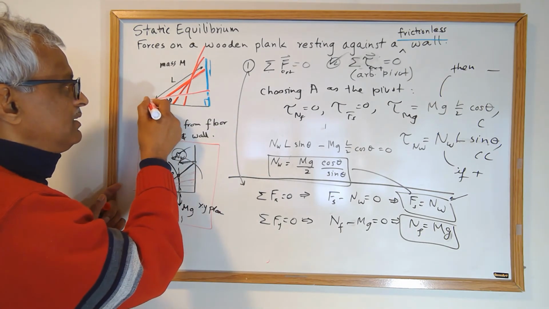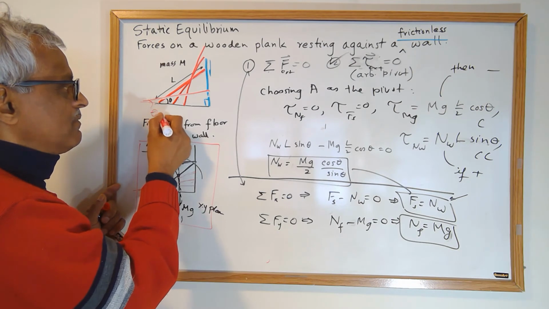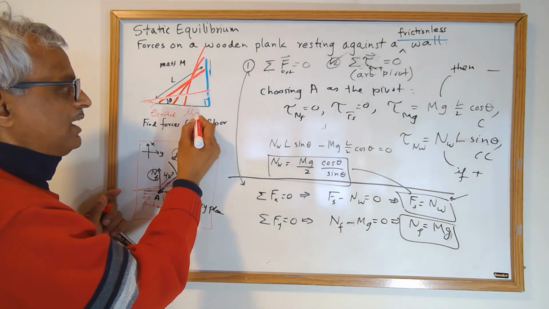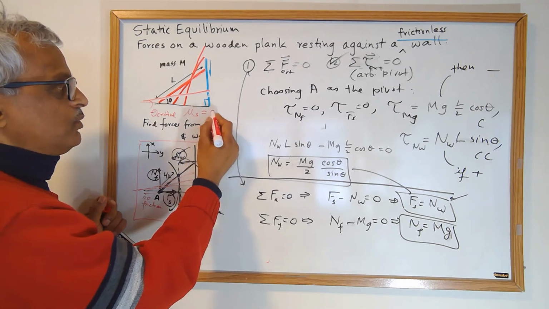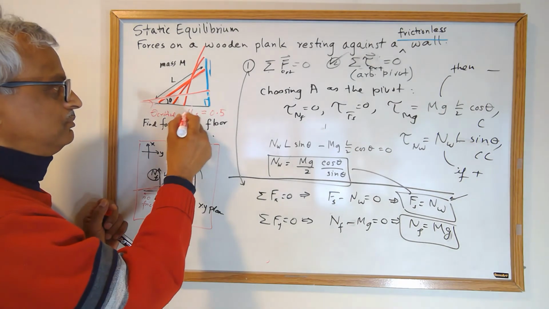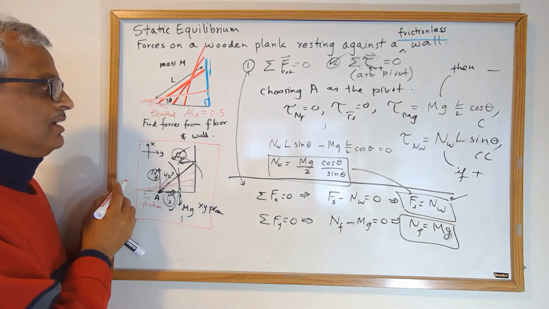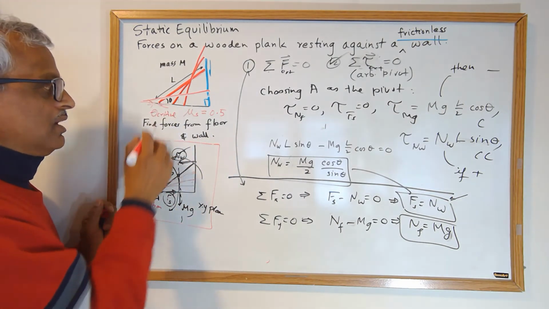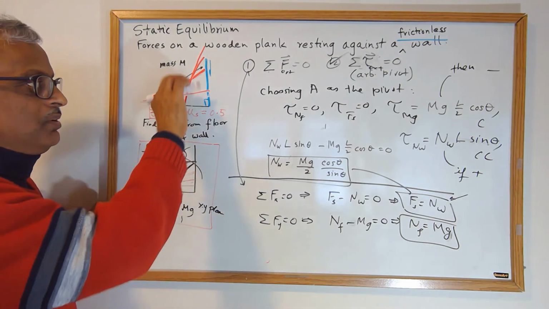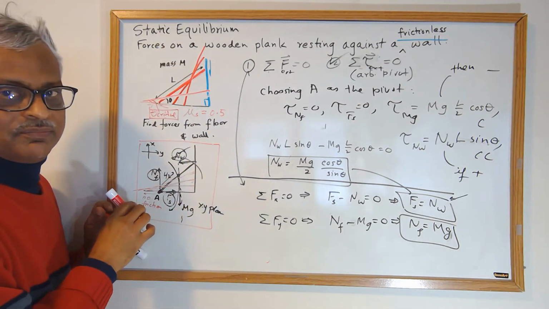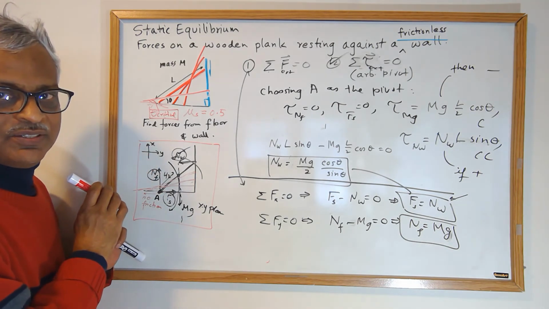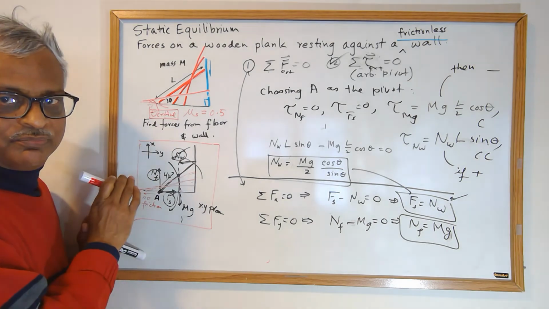At what angle, some theta critical, and I give you mu s equals say 0.5 for this floor. So I want to find out what is the critical angle below which it just falls. That's a very good problem. So try to do that problem.